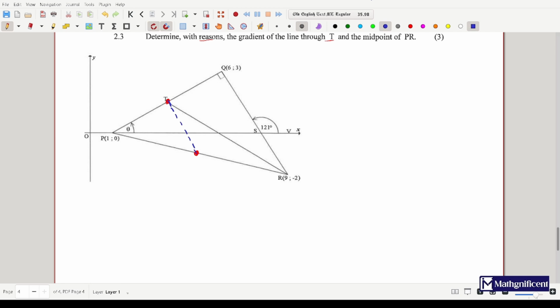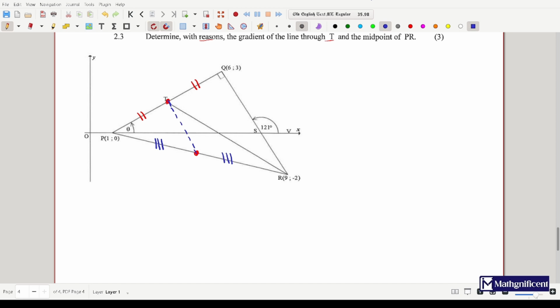So let's analyze this situation. We know that this is equal to this. At the same time, it is saying that this is equal to this side here. So let's take a look at what we have.